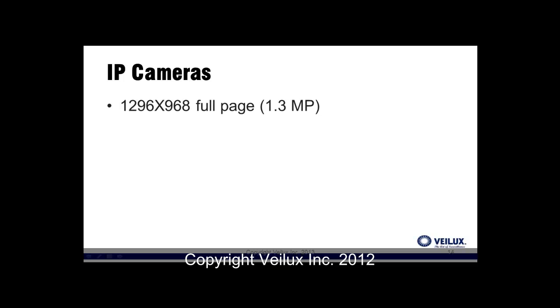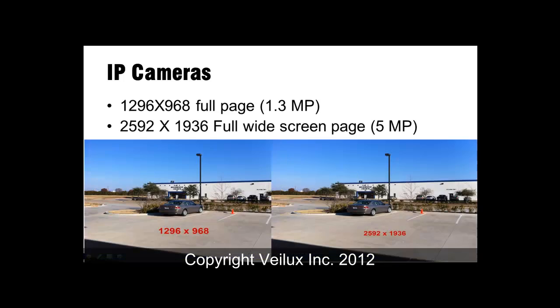IP cameras: 1296 by 968 full page, 1.3 megapixel, and then also 2592 by 936 full widescreen, 5 megapixels. As you can see, much more information, and when you zoom in on this picture you can see much more as well.